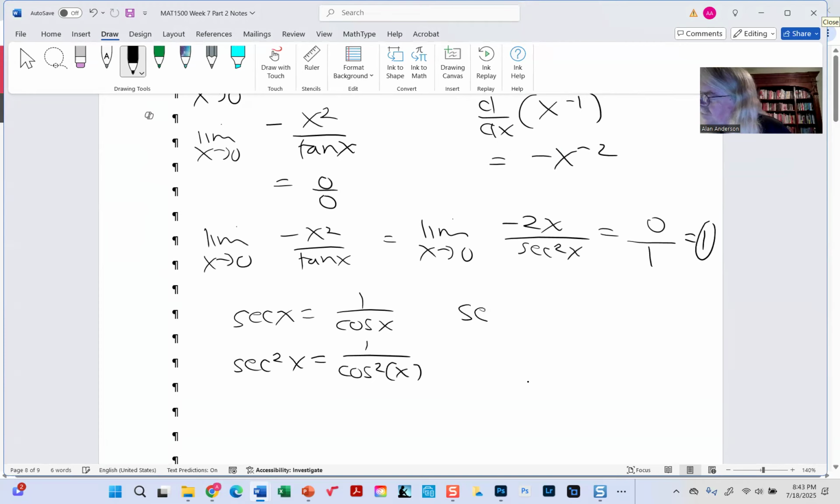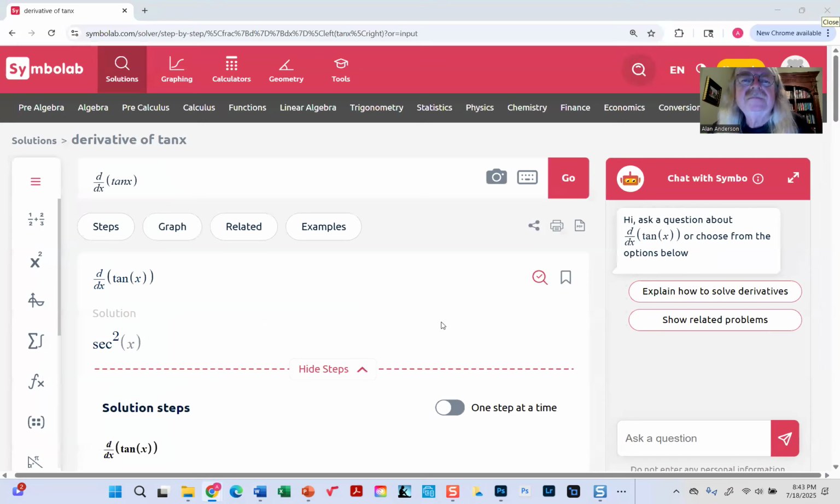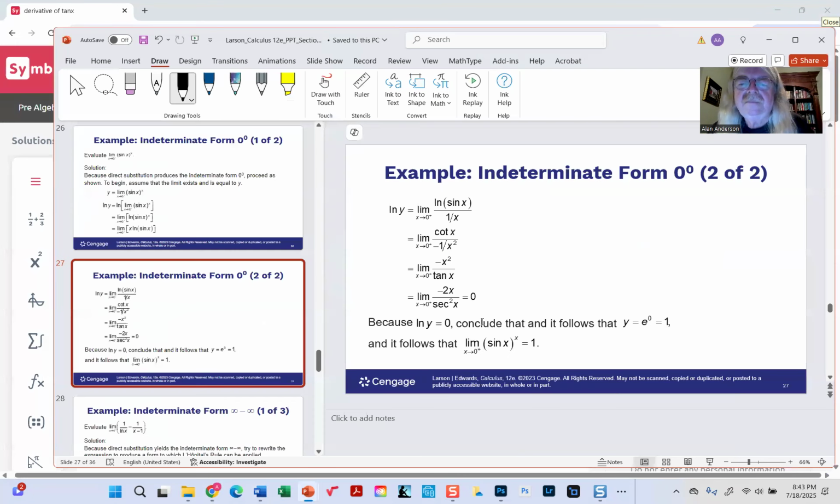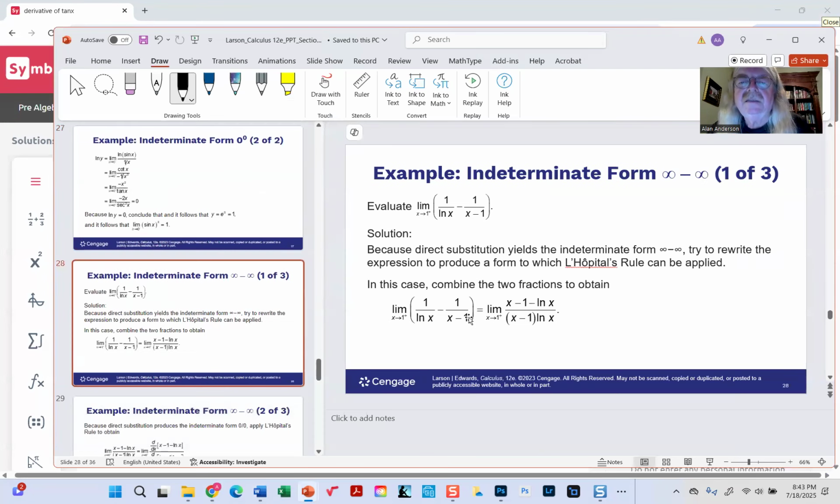So therefore secant squared of 0 is 1. Okay, so the final answer is 1 after all of that work. Oh my God. Yes.